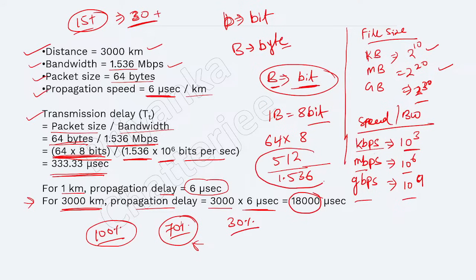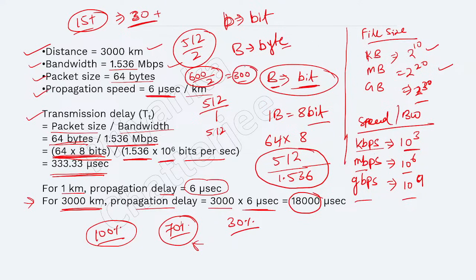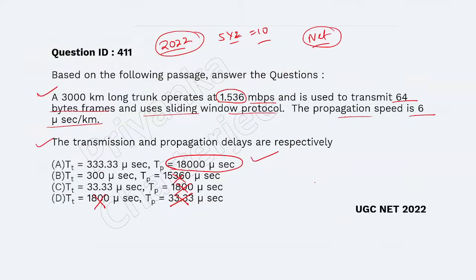From here you can predict a little bit of the value. If I am dividing 512 by 1, then my answer is 512. If I am dividing 512 by 2, it is near about 256, so near about 300 my answer will come. But this is 512 divided by 1.536, so my answer will be a little bit more than that, because it is not 2, it is 1.536. So now from here you can tell that this is not my answer, and this will also not be my answer.